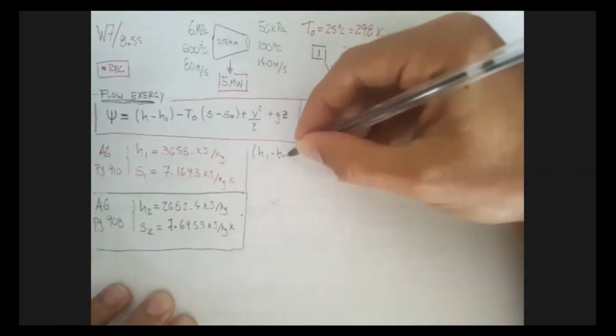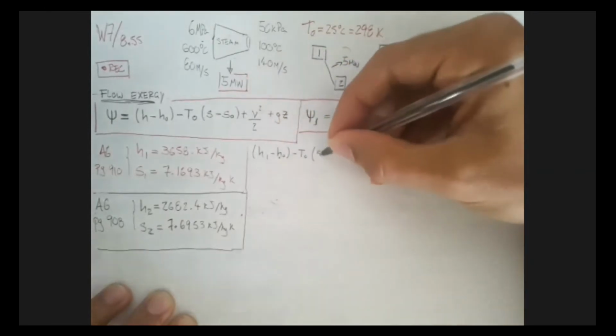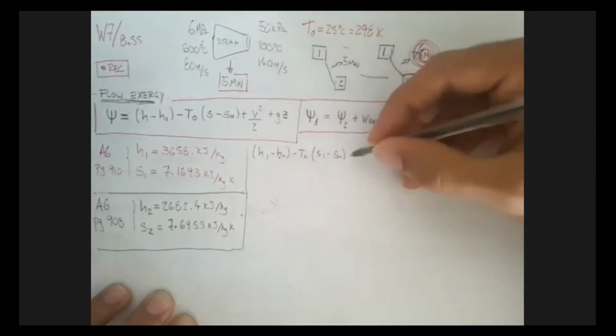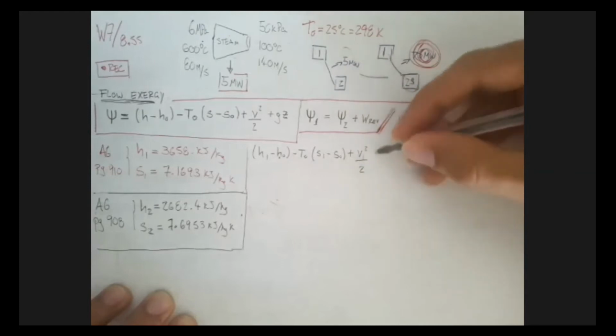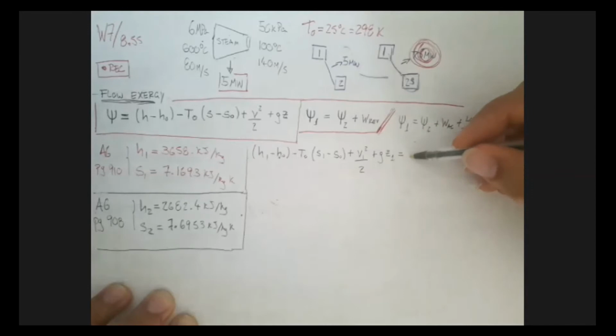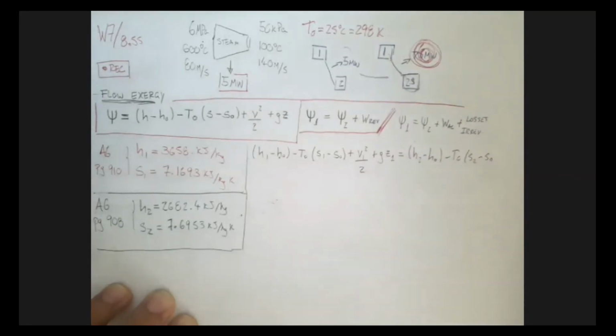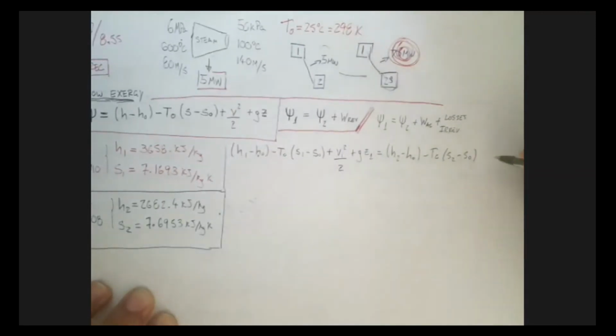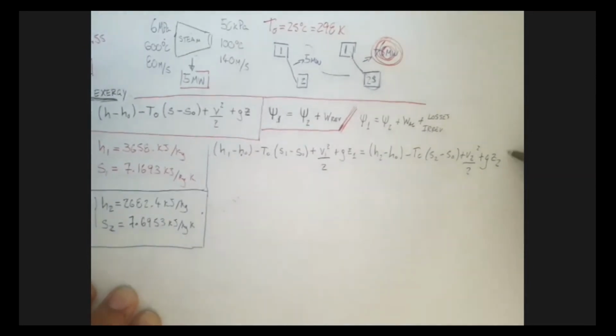H1 minus H of the dead state, minus T0 times S1 minus S of the dead state, plus V1 squared over 2, plus the acceleration of gravity times height 1, has to be equal to H2 minus H0, minus T0 times S2 minus S0, plus V2 squared over 2, plus gravity times Z2, plus the reversible work. It's all in energy.